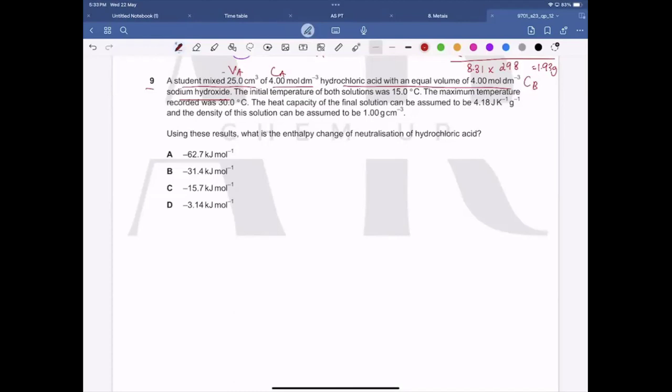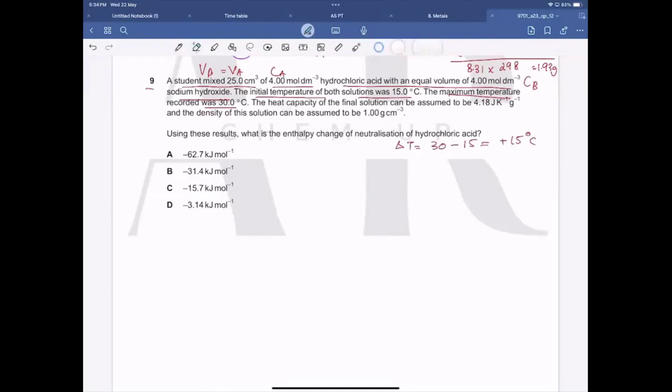So volume of base is also the same. The initial temperature of both solutions was 15 degrees Celsius. The maximum temperature recorded was 30. So I can get the temperature change: initially 15 and final we got 30. So 30 minus 15 is a change of positive 15 degrees, right?